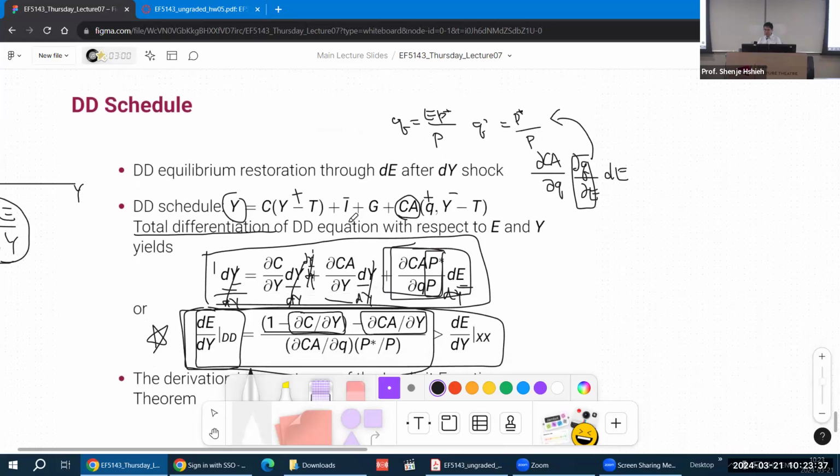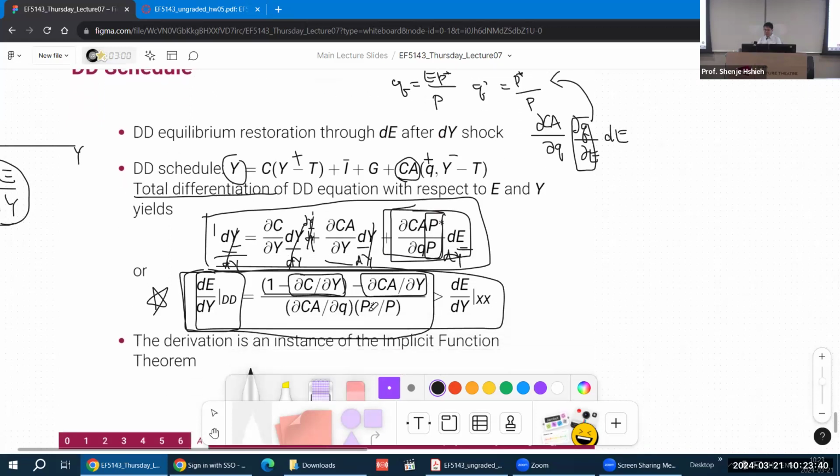So deriving the DD schedule, the slope of the DD schedule, right? Derivative of E with respect to derivative of Y. You've seen this all before. This term here is the import effect that has to be offset by the change in E, right? E has to increase to some extent to offset this current account, the import effect, right?